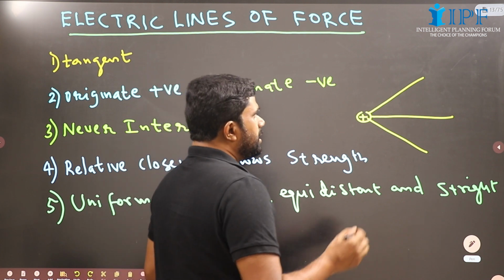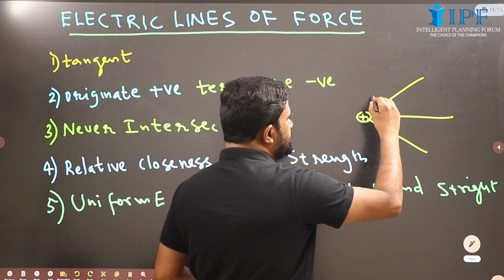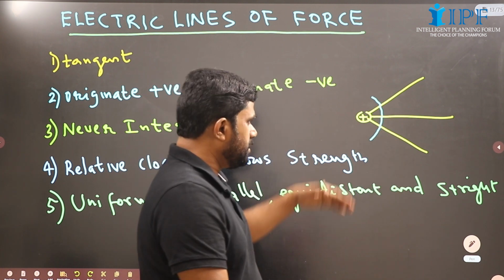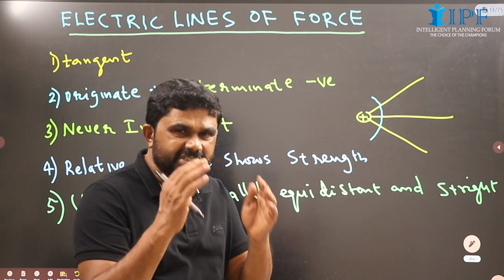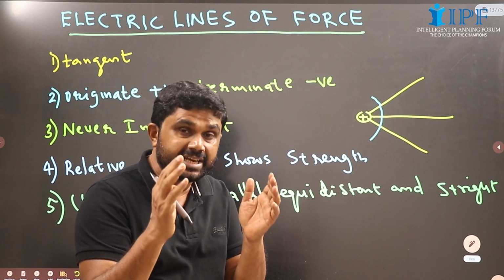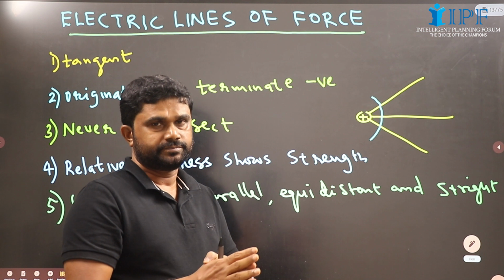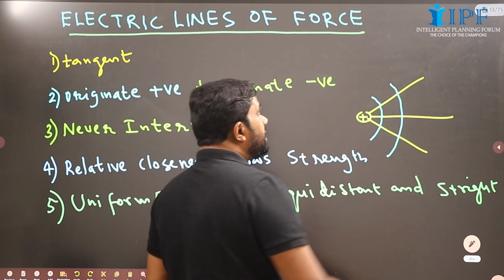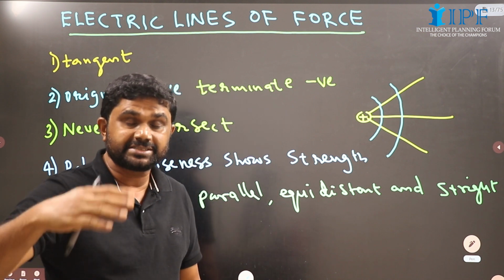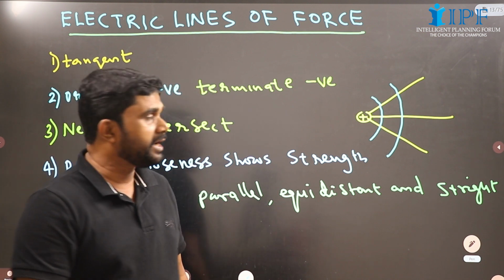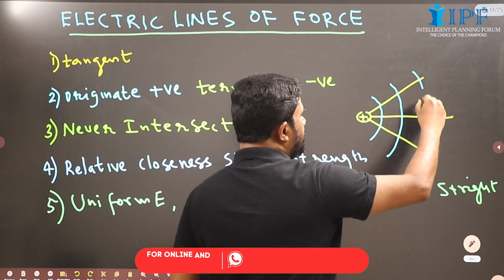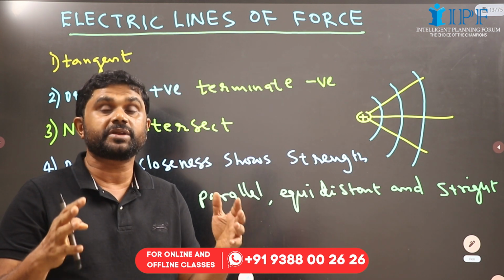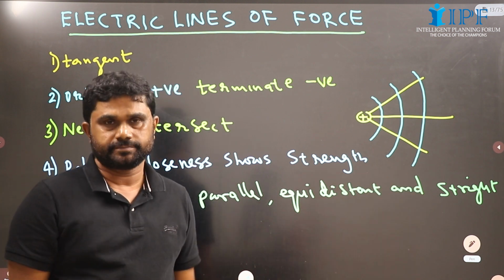Now when we take points near to this positive charge, the lines are crowded, or the separation between the adjacent lines is relatively small. If you take a farther point, the relative separation between the adjacent lines has increased. If you take points further away from the point charge, the separation between the lines goes on increasing.